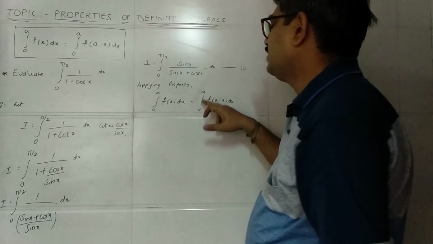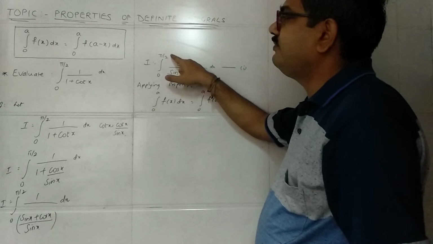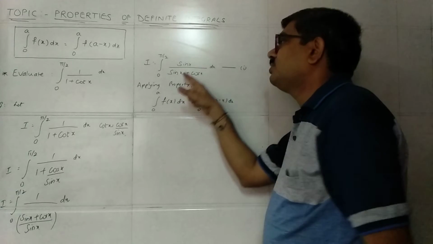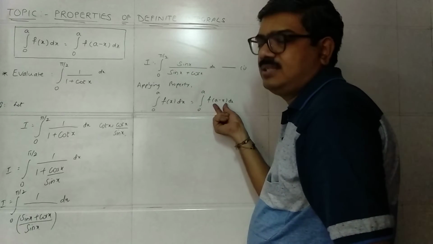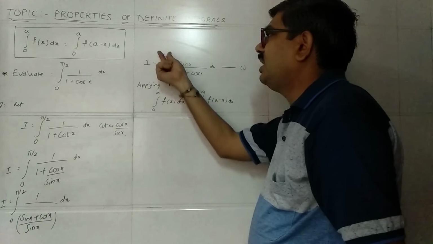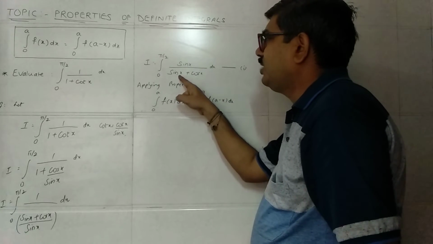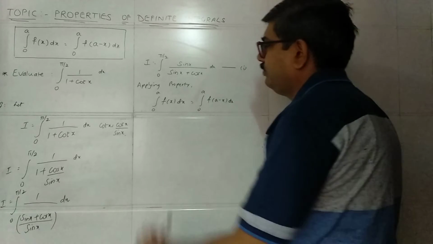So first of all, let me compare the value of a with the given integral. Here the value of a is pi by 2. So how can you apply this property? In place of x, here, here and here, you have to put a minus x. So here, since the value of a is pi by 2, we'll substitute in place of x, pi by 2 minus x, pi by 2 minus x, and pi by 2 minus x within brackets. Don't forget to put brackets.